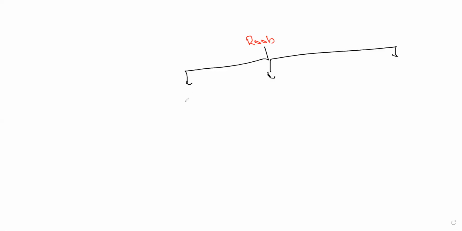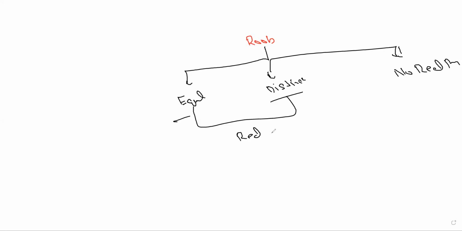The first one would be that the roots are equal, they are same. The second would be that they are distinct. And the third one is no real roots. These are the conditions of real roots. Now look at the equation.